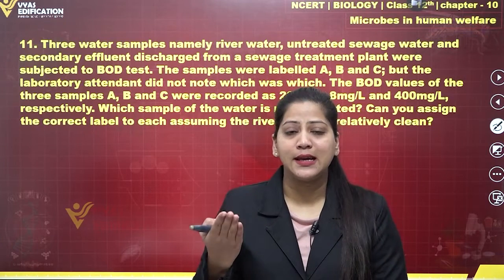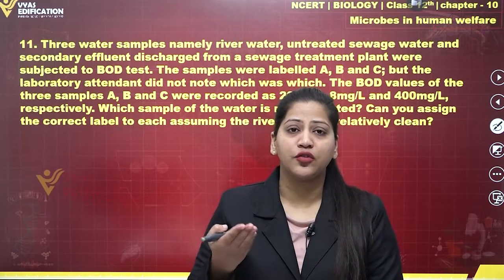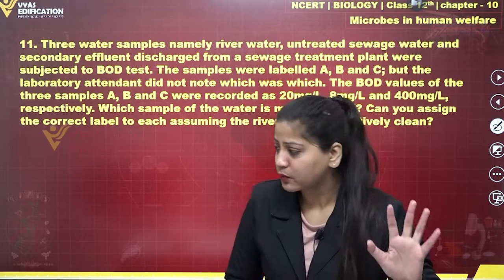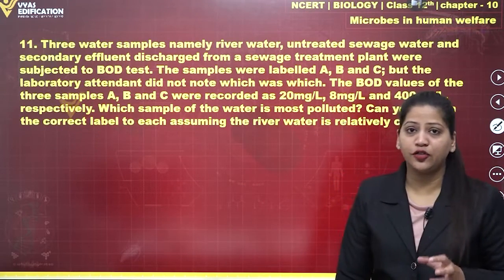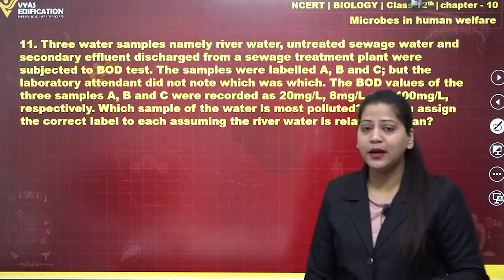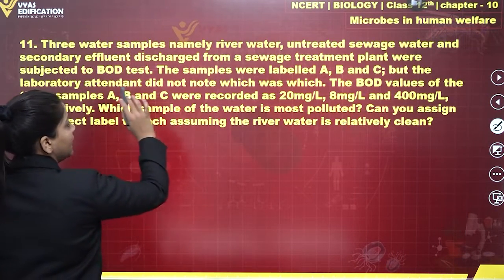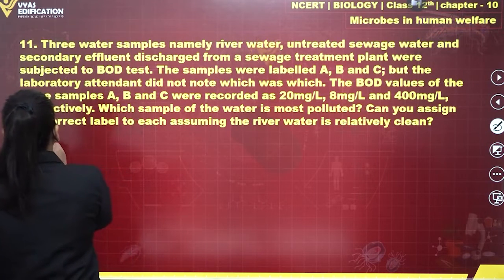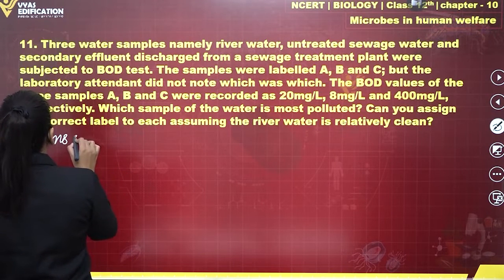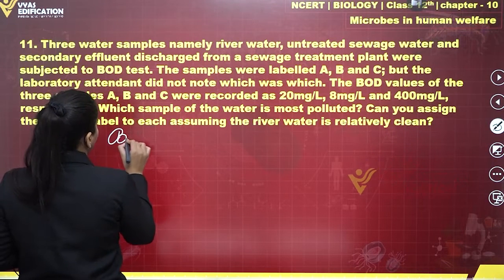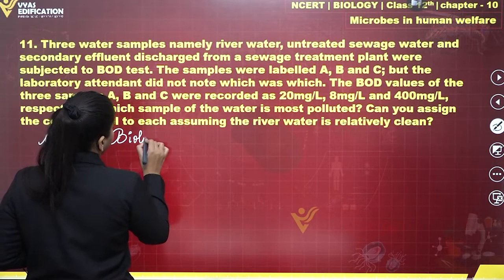The more the biological oxygen demand, the more polluted the water is. So according to the knowledge of BOD, we can assign the BOD values to the given samples. Let's write the answer of the 11th. First of all, we'll write biological oxygen demand.